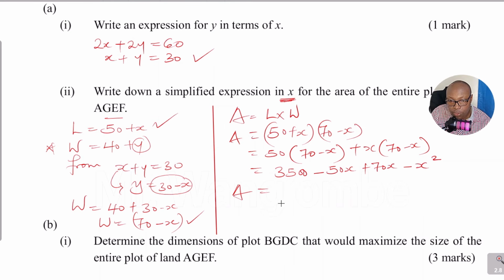So the area is equal to 3500, negative 50x plus 70x gives 20x positive, and then minus x squared. That is the simplified expression for the area of the entire plot AGEF.